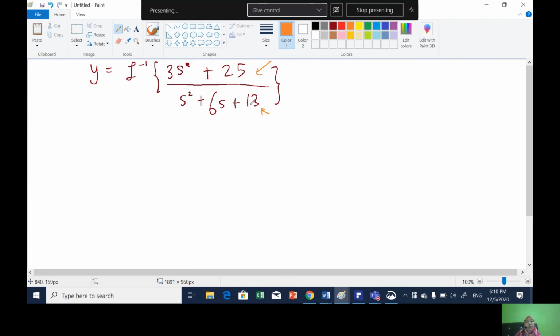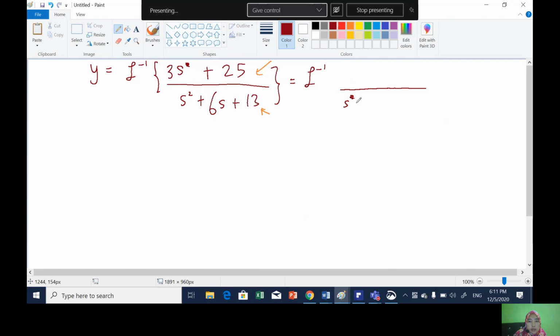We can check that it's not a form that we can find the inverse directly using the Laplace table, correct? So the one in this bracket has to be transformed to the form that we can find the inverse. First we are looking at the denominator. We can write down the denominator by using completing the square. So it's here, s squared.